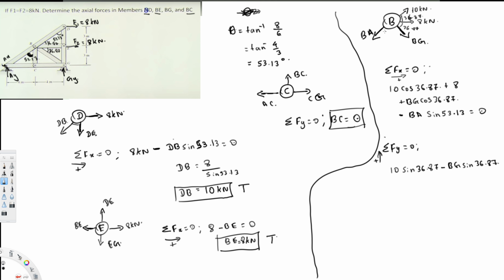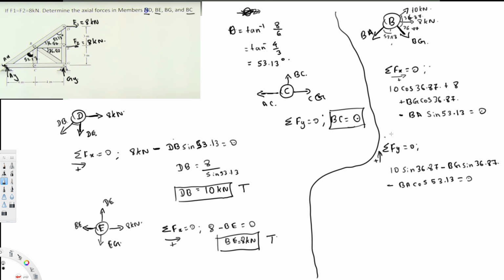Also BA is acting downward. In this case it's going to be cos because it's making 53.13 right here, so it's going to be minus BA cos 53.13, equal to 0.